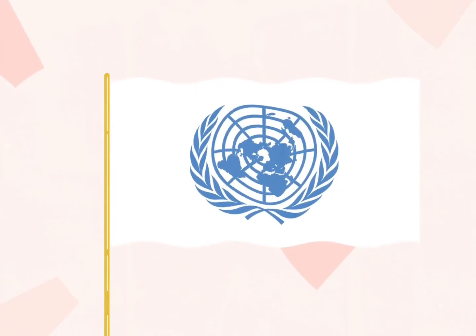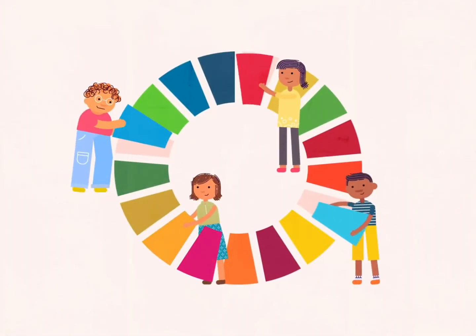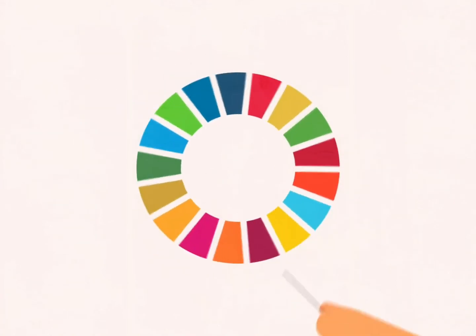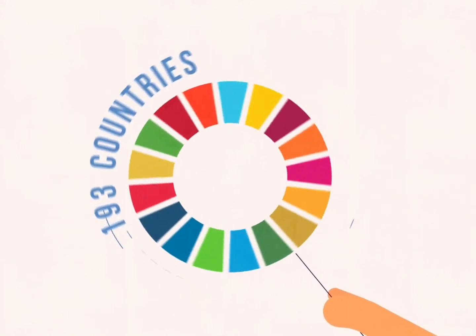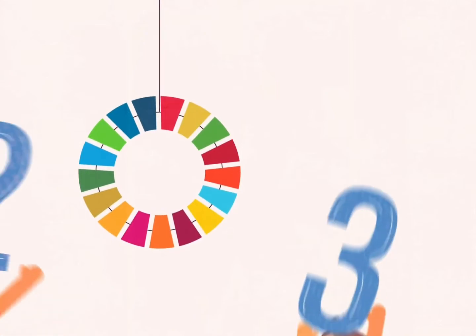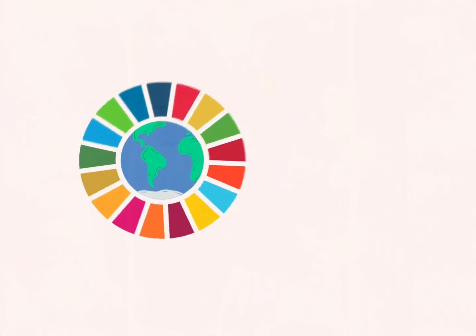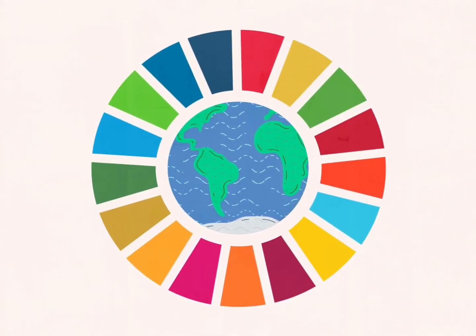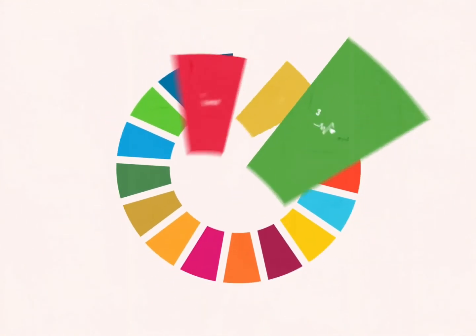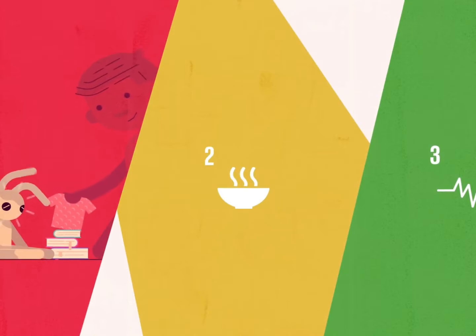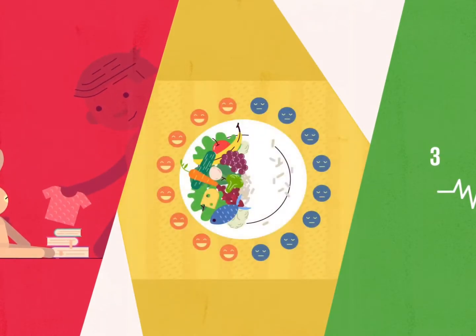Did you know that the UN Sustainable Development Goals are a universal call to action that unites 193 countries around the world? If these global goals are fulfilled by 2030, life on Earth will be better for everyone. So, what are these goals? Eliminate poverty in all its forms. No hunger.